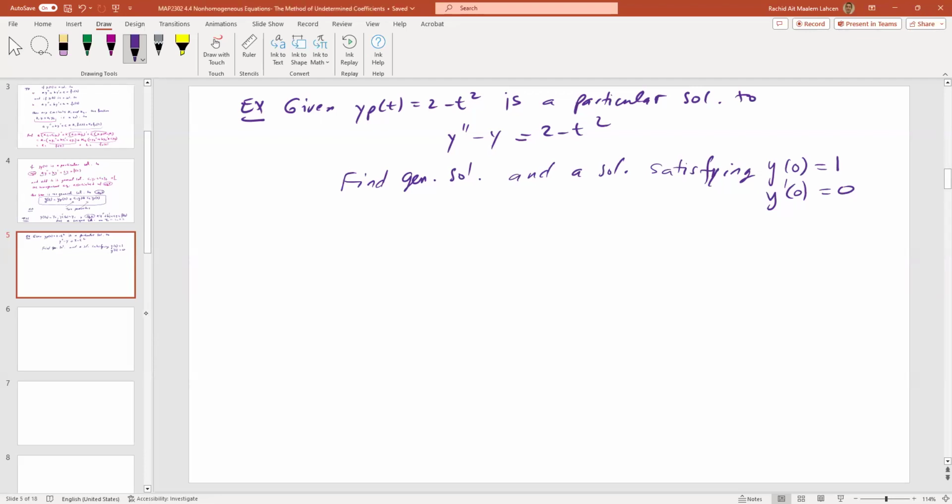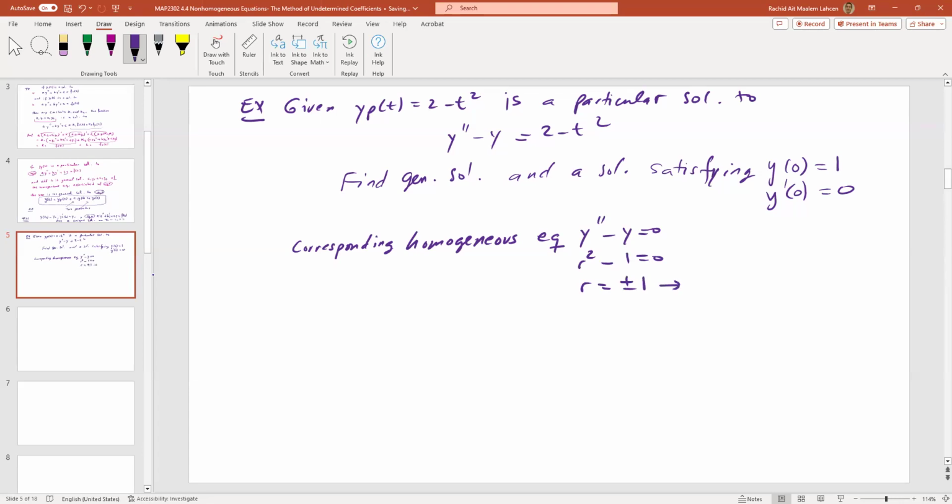So the corresponding homogeneous equation, of course, is this, right? Which means the auxiliary or characteristic equation is going to be this, which means the roots are expected to come up as plus or minus 1.